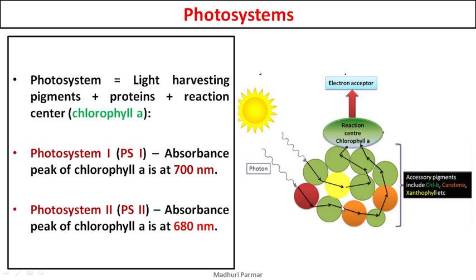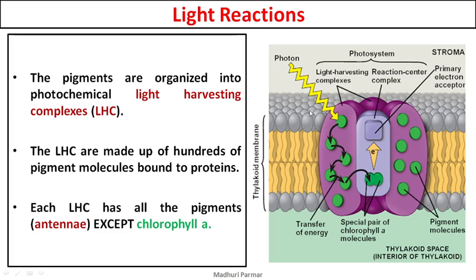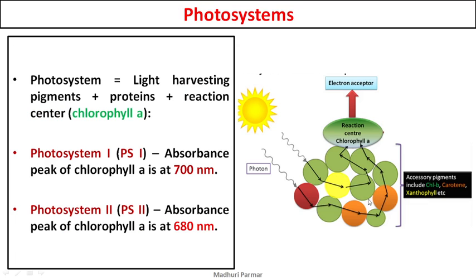Fine. Let us start with the next part, which is photosystem. It is the light harvesting complex, which has pigments plus proteins, plus the reaction center, which has chlorophyll A. Clear? So this photosystem includes all of these parts. Now this photosystem can have two types.